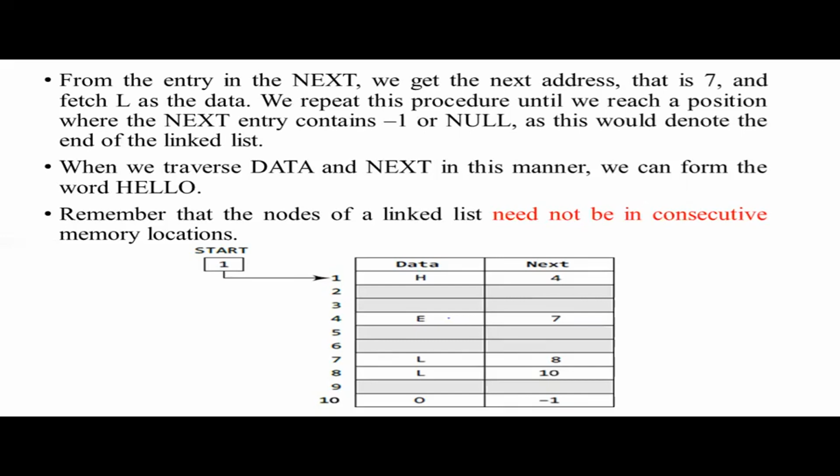I told you start is a special pointer which stores the address of the first element in the linked list. Which is my first element in this linked list? 1. So this 1 is stored in the pointer variable start. The first node contains the data H. After the first data, the second data is stored in the fourth location.